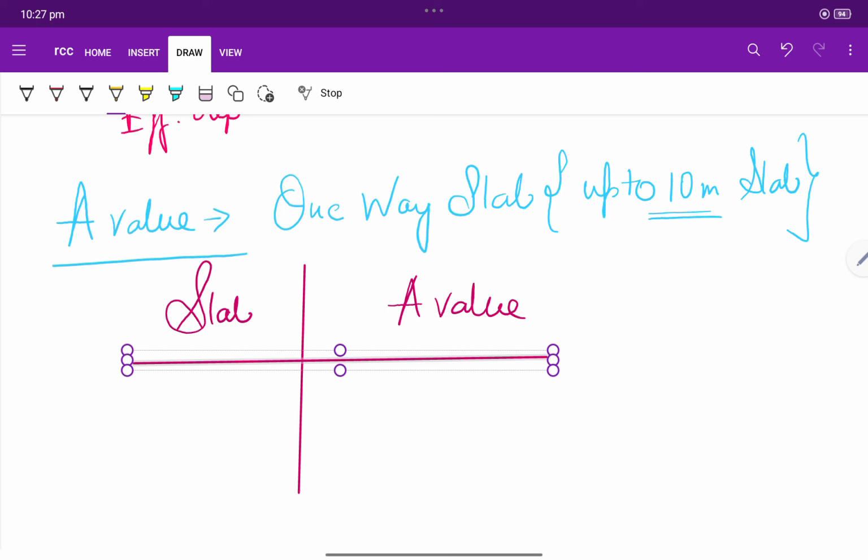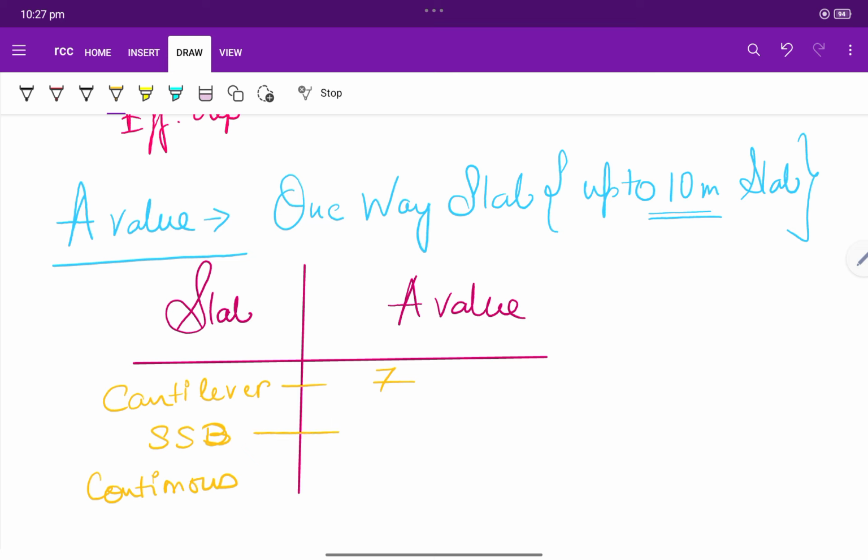So we will see the values for cantilever, for SSB (simply supported beam), and for a continuous beam. For a cantilever beam, the a value is 7.